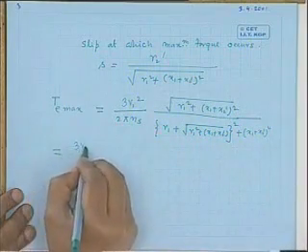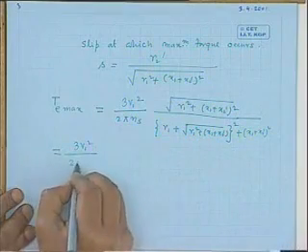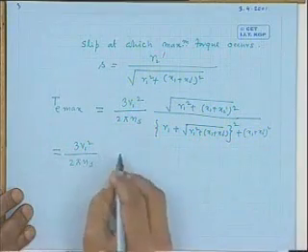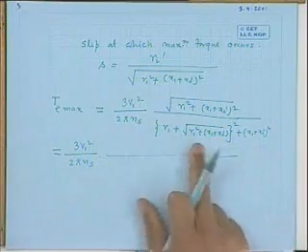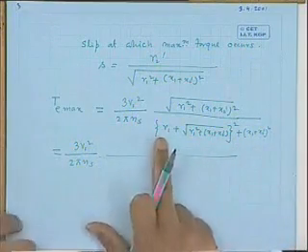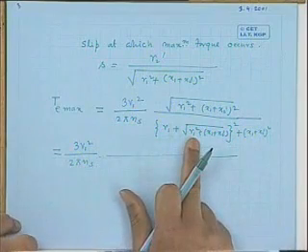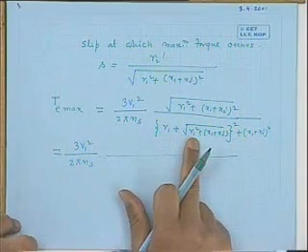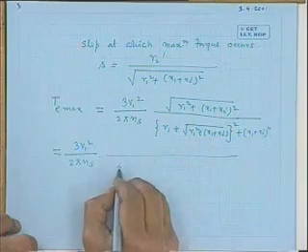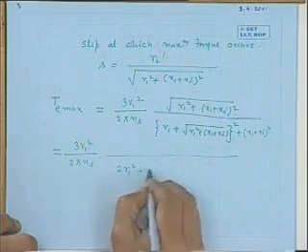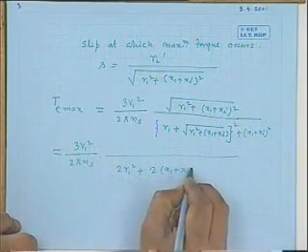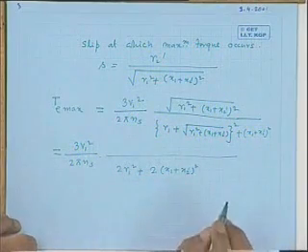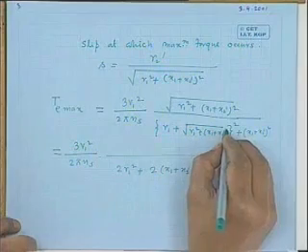You can slightly simplify it to get 2 pi ns into this denominator. If you expand a plus b whole square, there will be 2 R1 squared plus similarly 2 times X1 plus X2 dashed whole square.